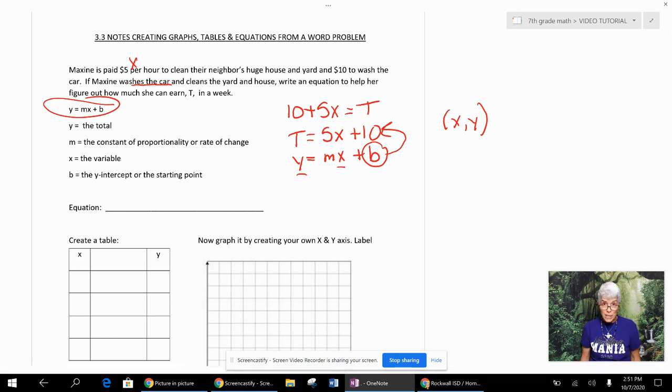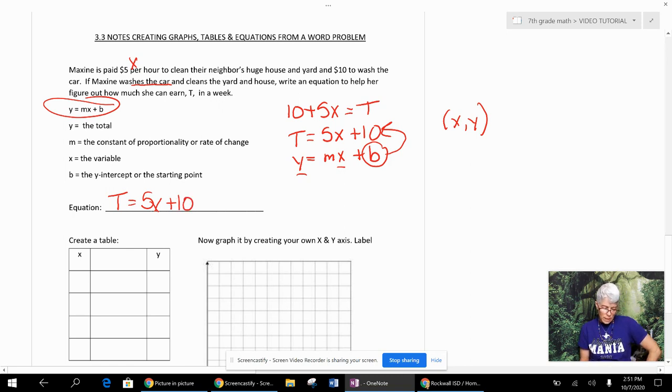They are actually ordered pairs, so we can use that information to create ordered pairs to graph or create a table. So watch how this all works out. My equation, I'll leave it in the y equals mx plus b order, is T equals 5x plus 10.